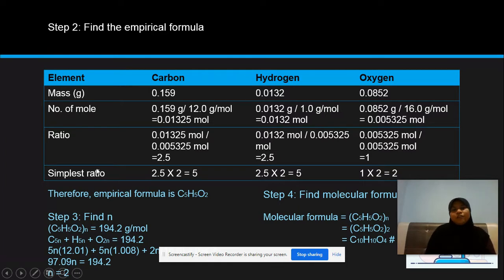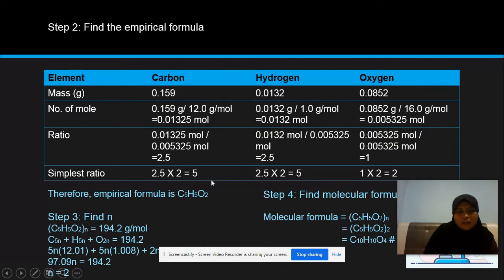Next we must find the simplest ratio. We don't want this decimal because for the ratio we don't need decimals. So how do we make this number become a whole number?